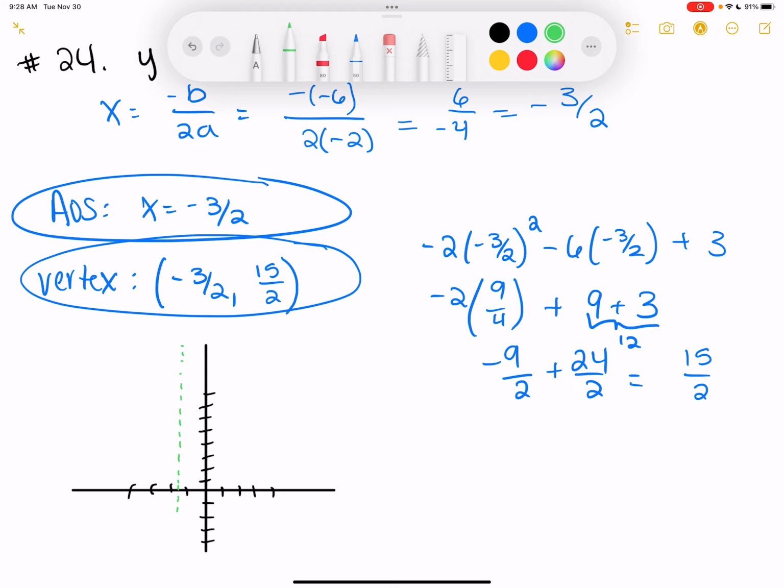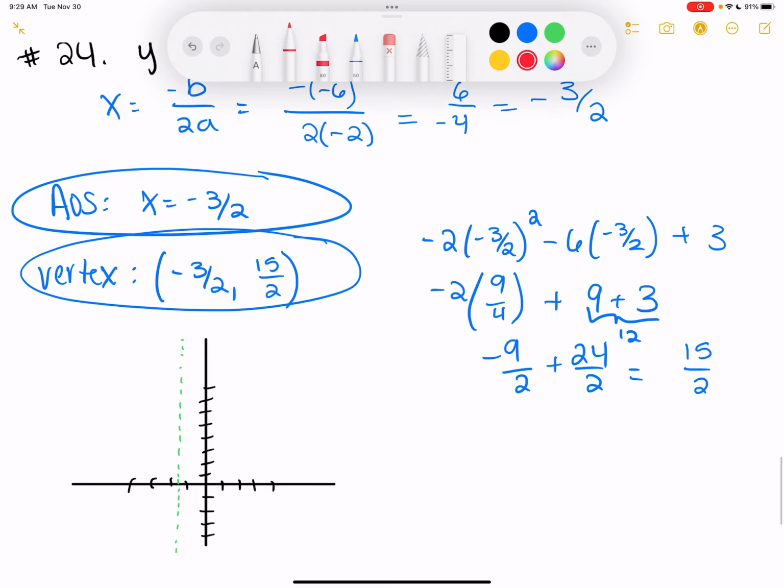I think my line's a little crooked. It's just enough to be irritating, but that's okay. Alright, so then my vertex is at negative 3 halves and 15 over 2.